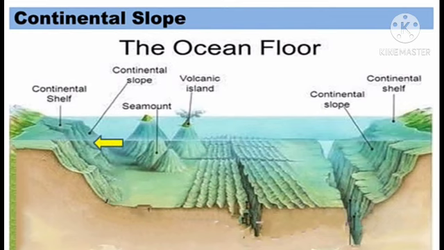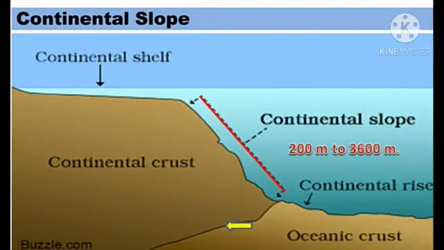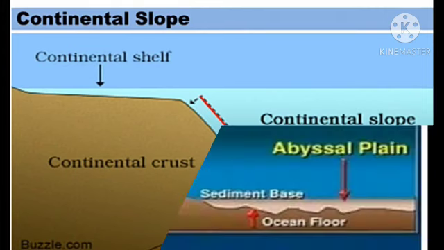The depth of the slope is from 200 meters to 3600 meters. In some places, it is more. The continental slope is narrow. The lower boundary of continental slope is considered to be the boundary of continents.